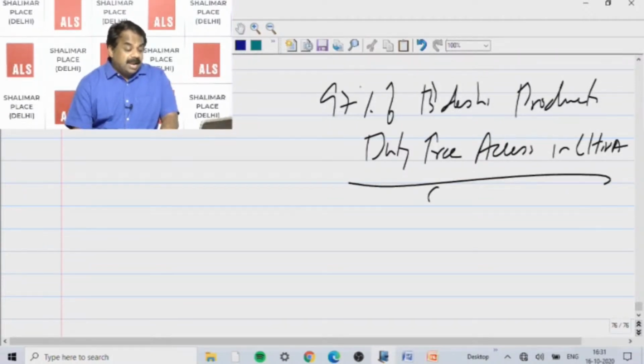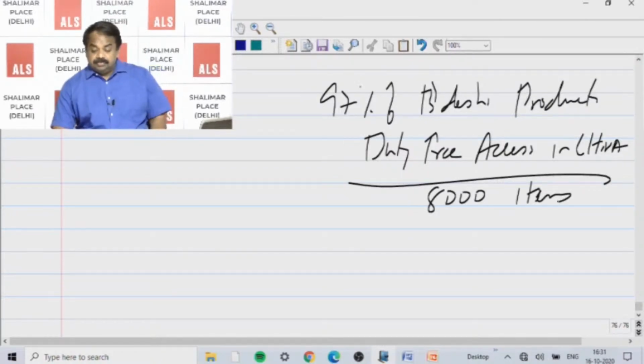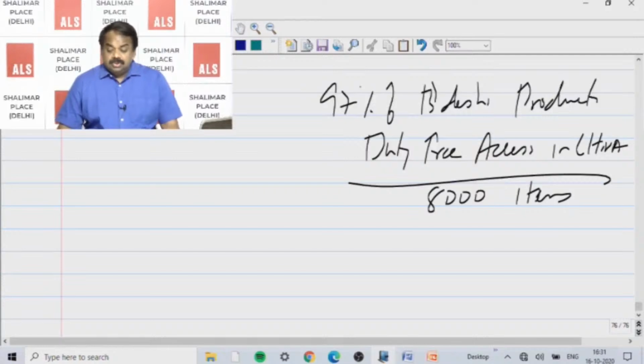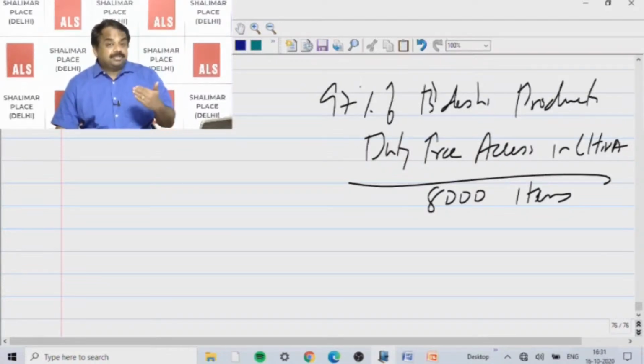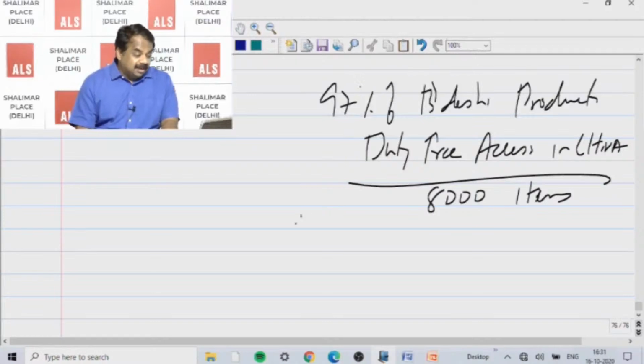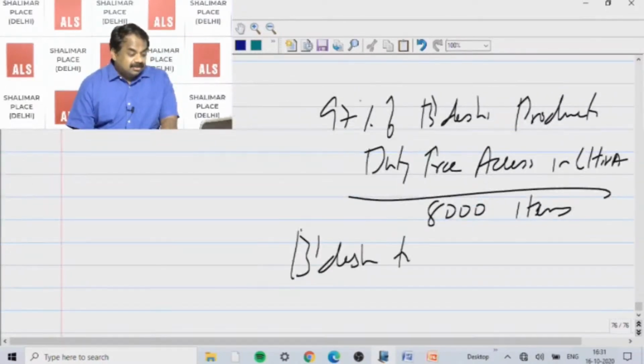This is almost 8,000 items. So, the New Indian Express wrote an editorial saying that Bangladesh is too on the Chinese radar.